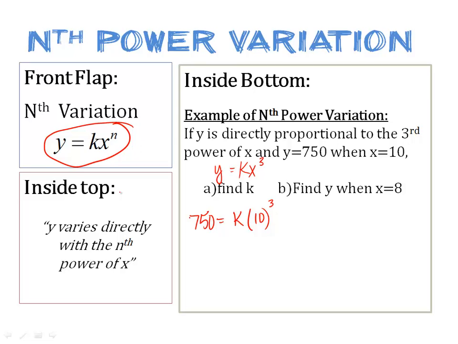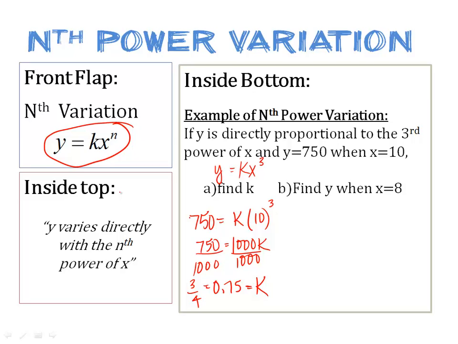So now I can solve for k. 10 cubed is 1,000, so 1,000 times k equals 750, divide by 1,000, reduce that, and you're going to get 0.75 or 3/4, however you want to solve that.